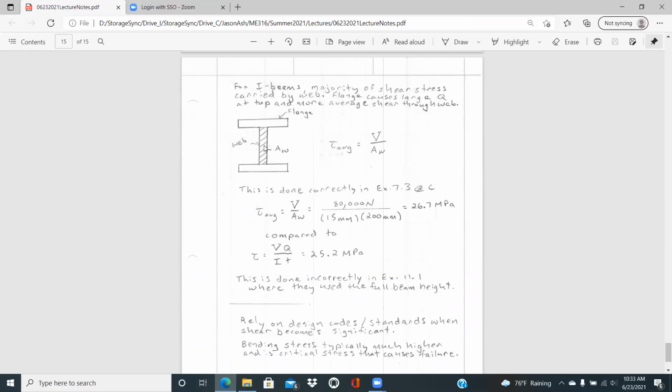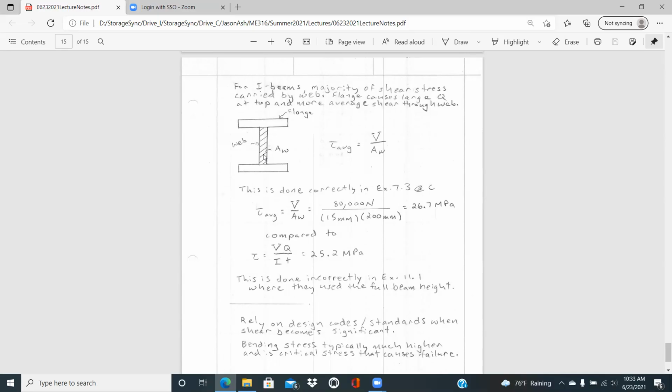And so what this actually does is it causes a large Q at the top and more of an average shear stress through the web. And so a ballpark estimate that can be used is just looking at the average shear stress as saying that the web carries that entire shear force divided by the area of the web portion.